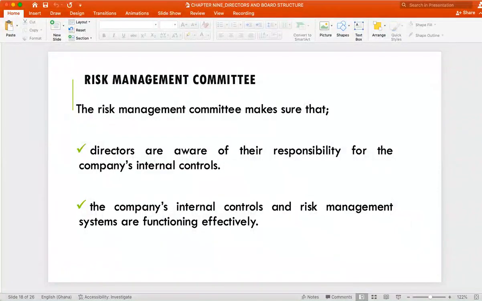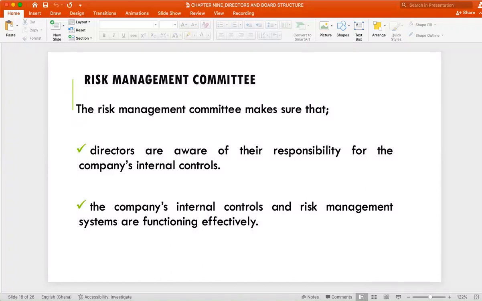The risk management committee makes sure that directors are aware of their responsibility for the company's internal controls. Very, very important. So they pay attention to internal controls because that is all about risks. Once you don't take good care of the internal controls that you have, people will abuse the systems that we have and cause a lot of havoc for the company.